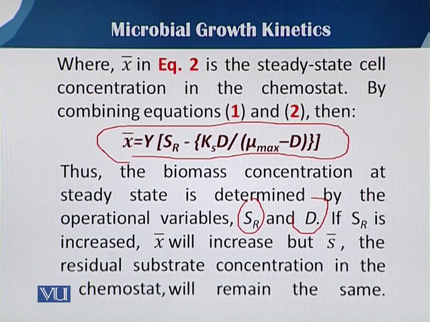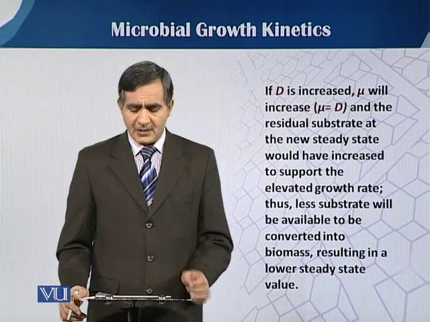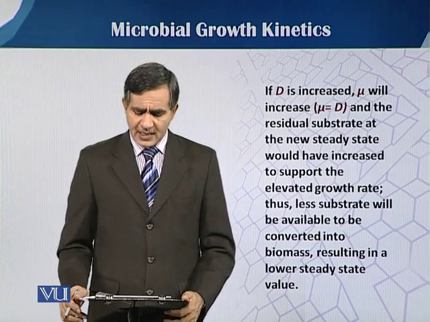As soon as we add the substrate, it will be utilized. If D is increased, then mu will also increase. So mu and D are very critical in this case.